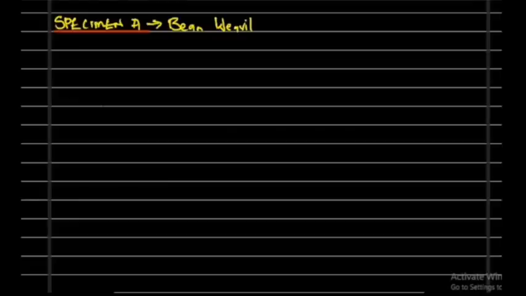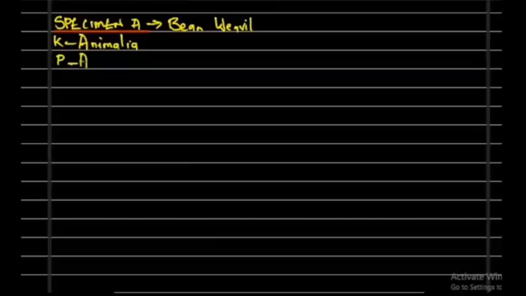So the classification for the bean weevil: the kingdom, we have it to be Animalia. The phylum, we have it to be Arthropoda. We have the class to be Insecta.